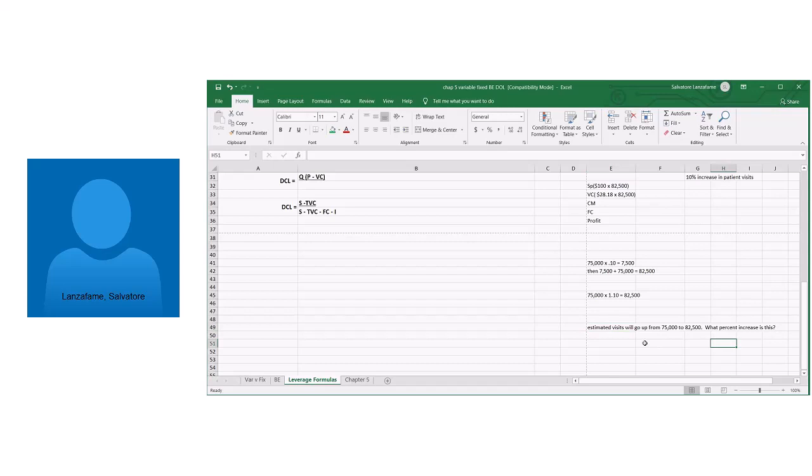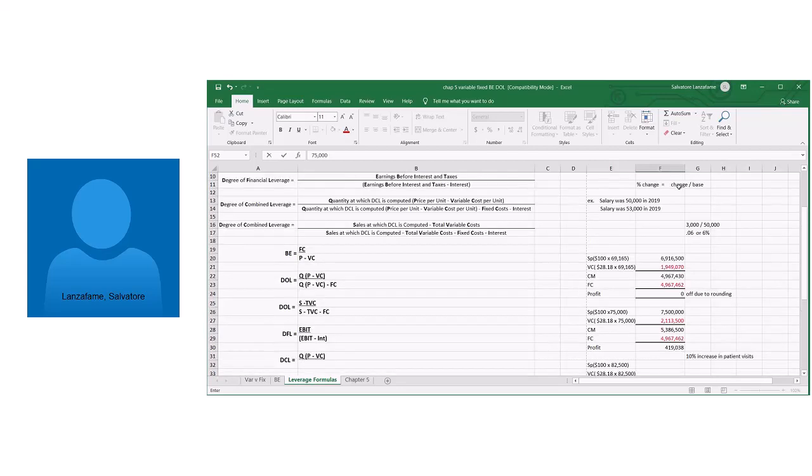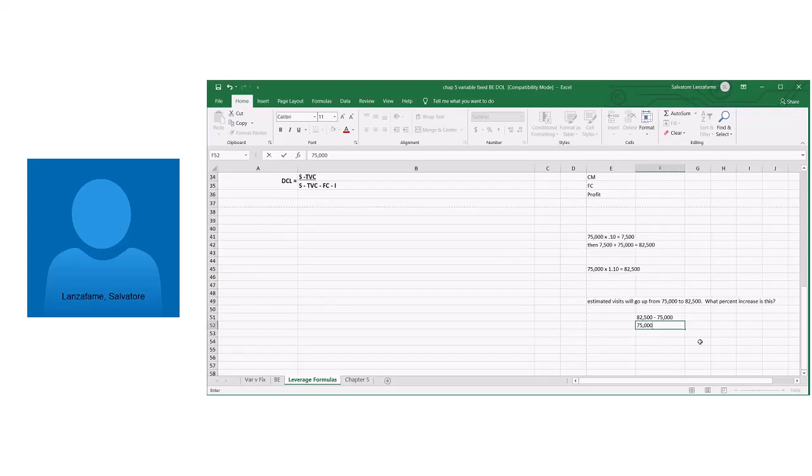If that's what you were given, you would ask, what's my change? 82.5 minus 75,000, and I want to divide it by the older of the two amounts, which is the 75,000. Remember, the formula is up here: change divided by base. We went from 75 to 82.5.